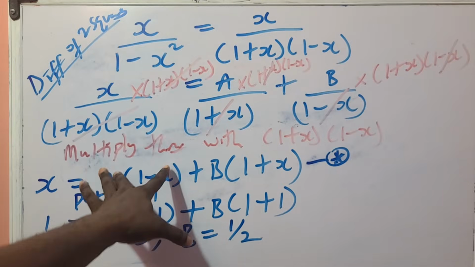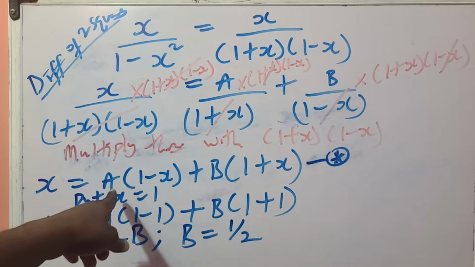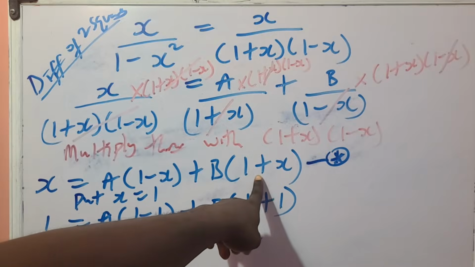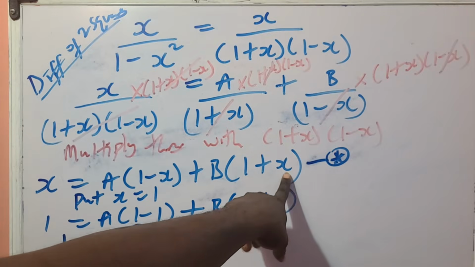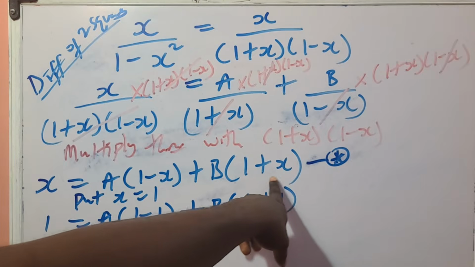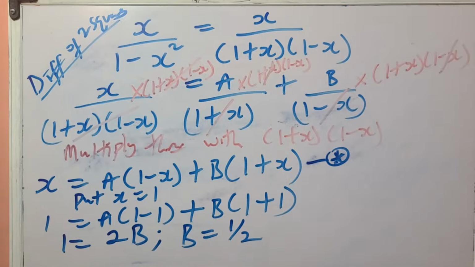What do I need to fix x as that would be able to extinguish b, and I'll be able to find a? Look at this side here. This is 1 plus x. If I fix x as minus 1, that will turn to 1 minus 1, and that will be equal to 0, and that will mean my b will have to automatically go.